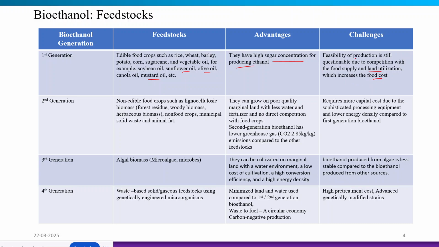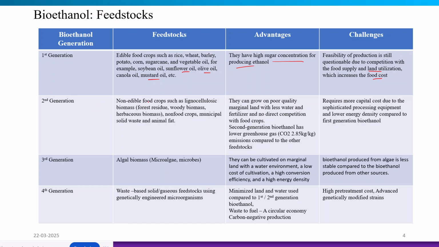So we cannot produce a lot of bioethanol on the industrial scale because there will be limitation in land utilization, and subsequently the effect will be an increase in food cost, because we are using edible food crops, so ultimately it is affecting our food supply. So this is not a feasible option, and we are moving forward with the second generation of bioethanol.